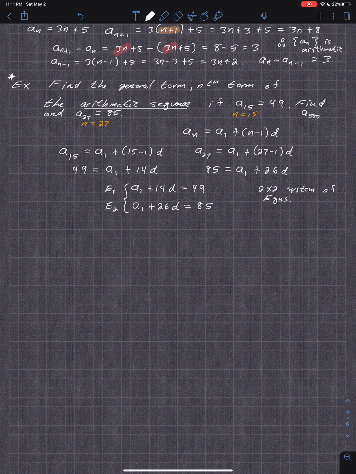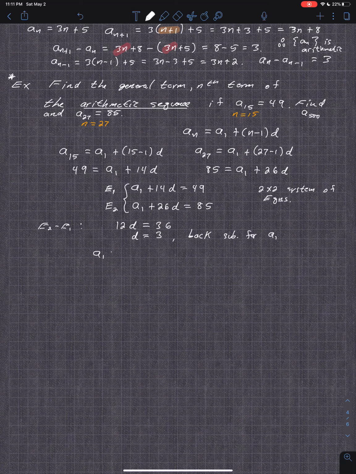So I would just subtract those two, E2 minus E1. And if you do that, you get 12D equal to 36. It turns out real nice, you'll see. So D is equal to 3. Okay, and once you have that, just as before, back substitute for A1.